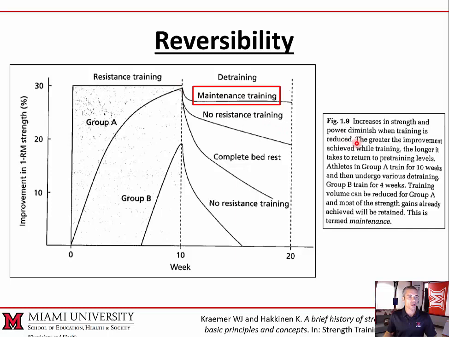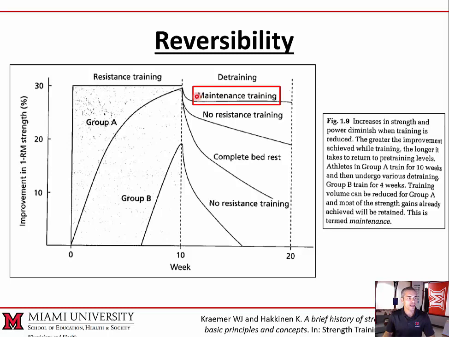But what we see here, basically, is the greater the improvement achieved while training, the longer it takes to return to pre-training levels. So in Group A, they again trained for 10 weeks and then underwent various detraining methods. So they either stopped performing resistance training or completed complete bed rest, or they underwent what they called a maintenance training program.